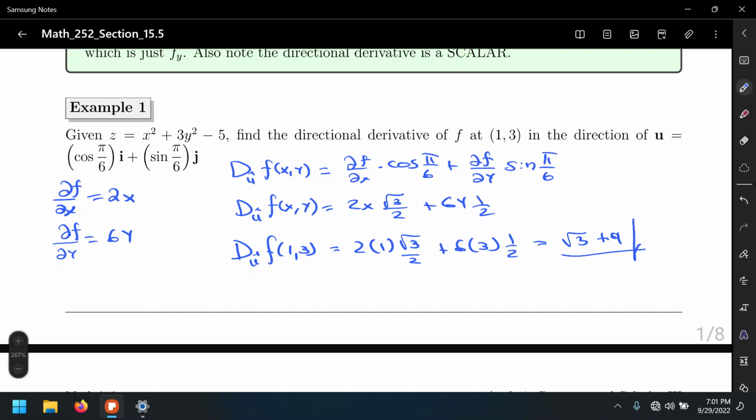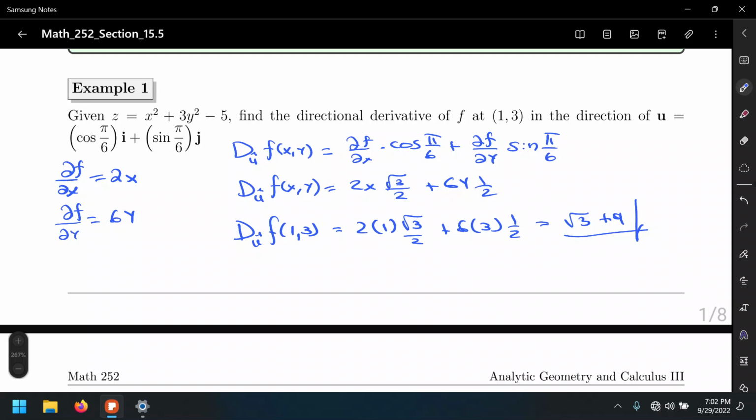One thing you need to observe here is the sign, because in this case we've got a positive number. So we go to the point (1, 3) on the surface, along with the z component as well.